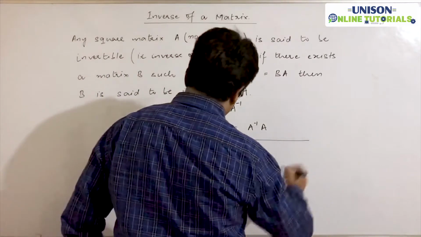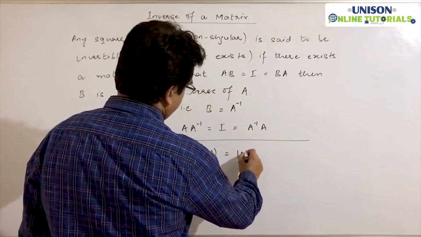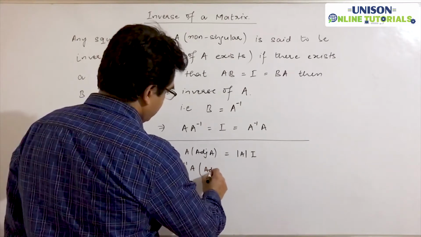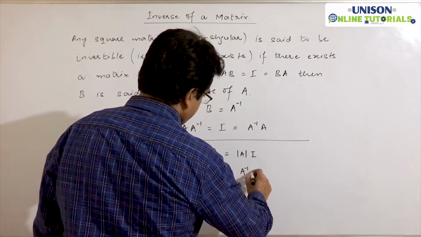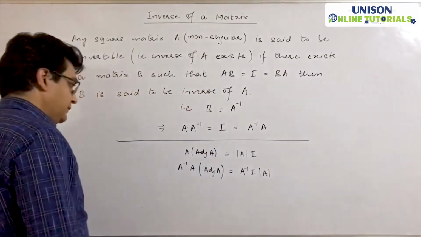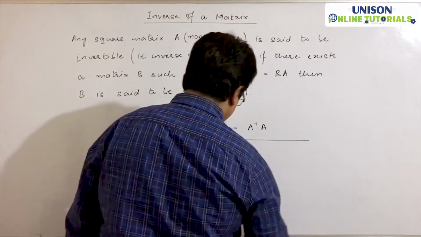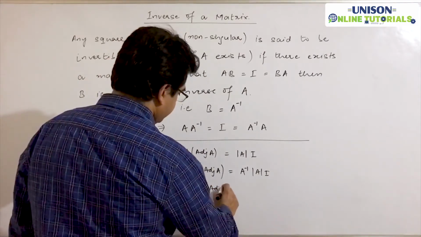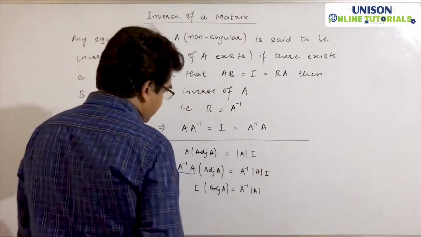We know the property: A into adjoint A is equal to determinant A into I. Now multiplying both sides with A inverse, so you will get A inverse into determinant A into I. So A into A inverse is equal to I, this is equal to adjoint A, which is A inverse into determinant A. आइडेंटिटी किसी के साथ भी मल्टीप्लाई होगा तो वही मैट्रिक्स आ जाएगा.